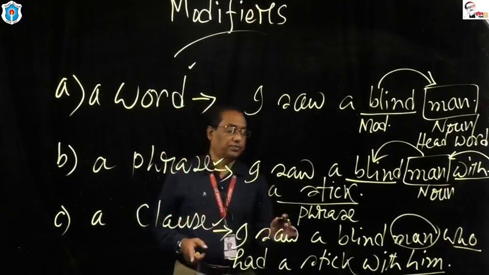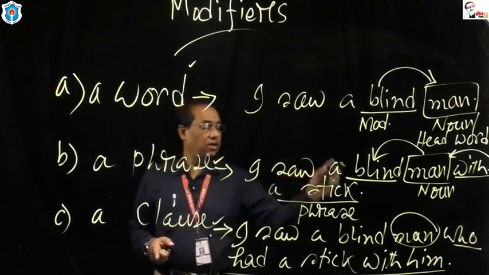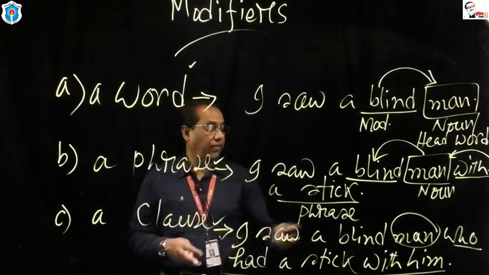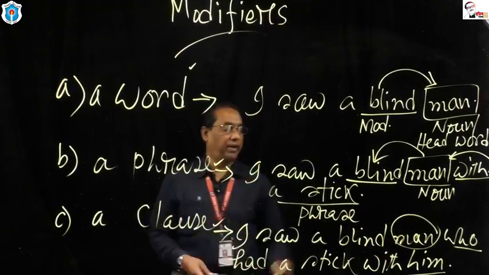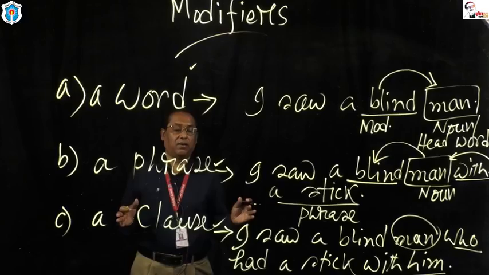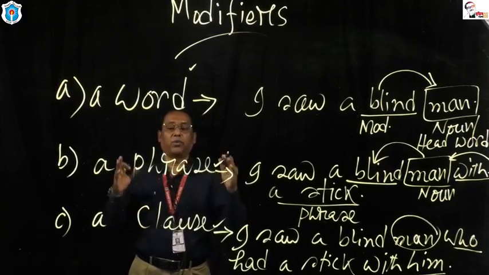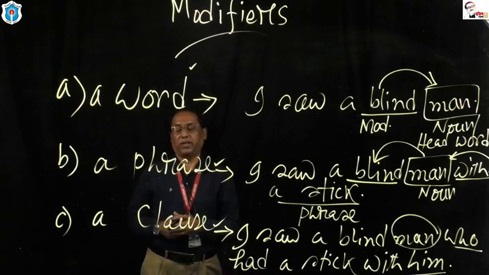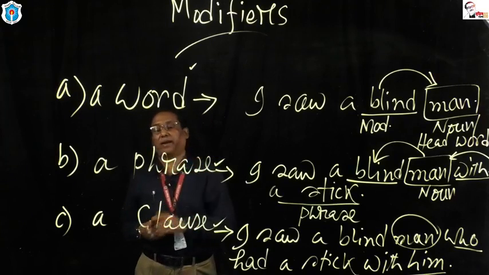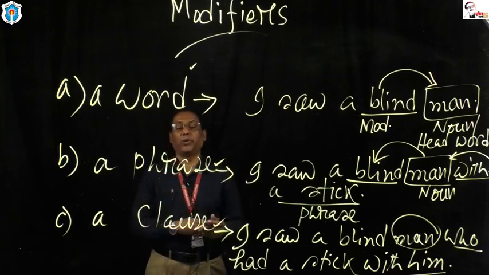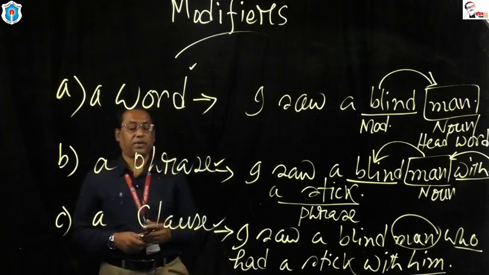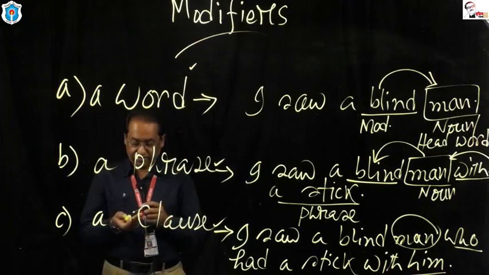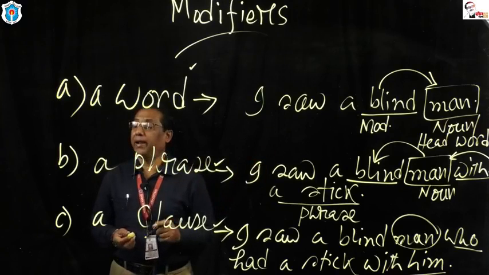This clause is used after the head word, okay? And this clause modifies the man. Which man? The man who had a stick with him. I mean that man who had a stick with him. So this clause is also a modifier because it modifies the man.